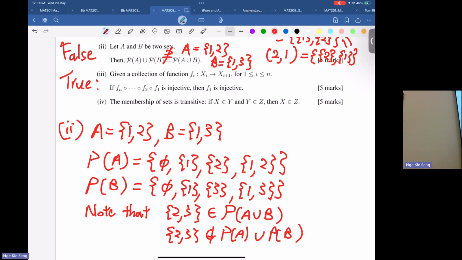But how I think about it is f_n with f_{n-1} up to f_1. The outer one is injective and then the inner one is injective, then the more inner one is injective. Does it make sense? So that's where the induction comes from.